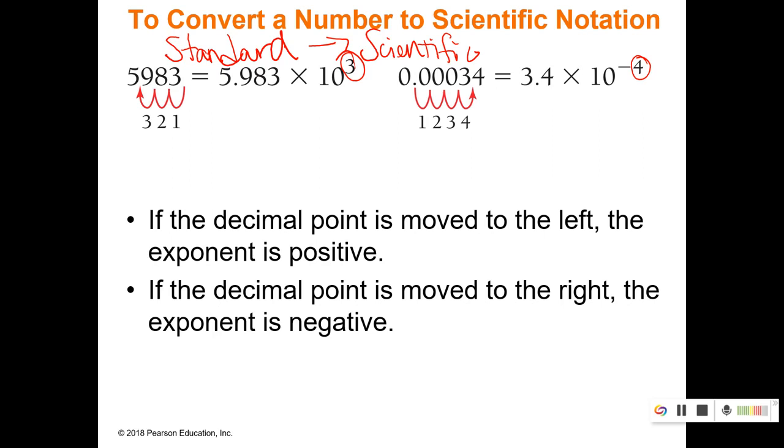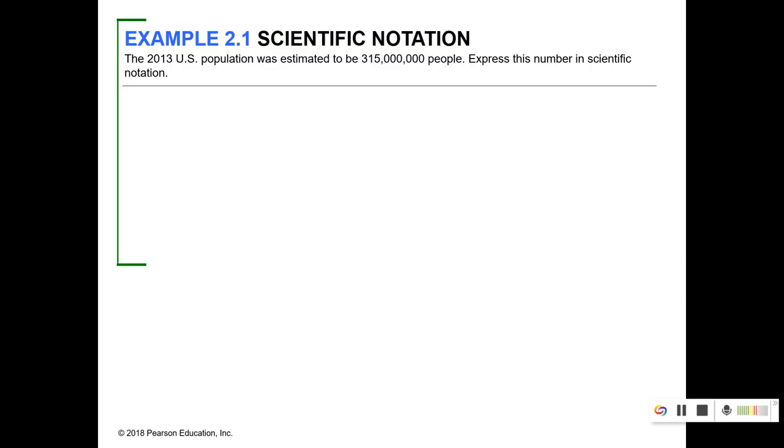So for large numbers from standard to scientific, however many times the decimal moves, it'll move to the left. Small will move to the right, the decimal will. Remember the decimal goes between the first 2 non-zero numbers.